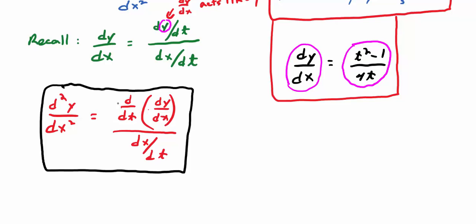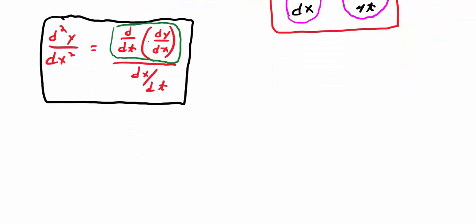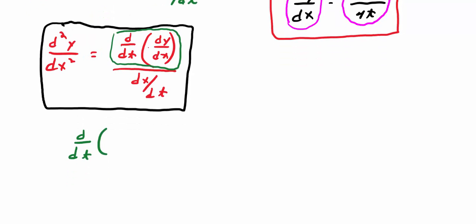Let's go ahead and find this numerator separately because it gets messy if you don't. So let's find d/dt of that derivative, (t squared minus 1) over 4t. And then we'll put that over dx/dt, which we already know from the last example.